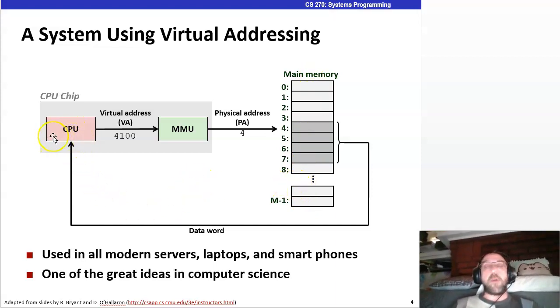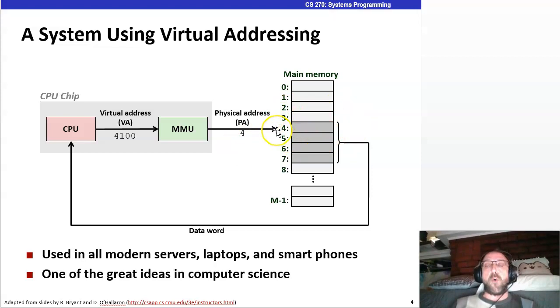When a program, though, refers to a particular address, for example, 4100 here, then rather than that being the 4100th slot in main memory somewhere down here, instead there's a piece of hardware called the Memory Management Unit, or MMU. That piece of hardware uses some tables that are themselves stored in main memory to map that address, 4100, into a particular location of physical memory.